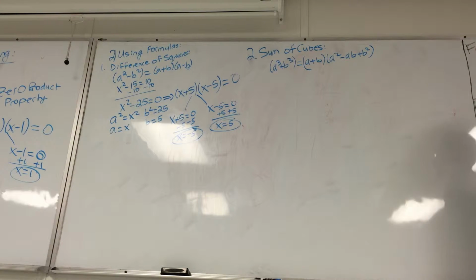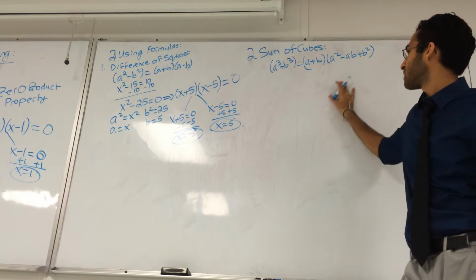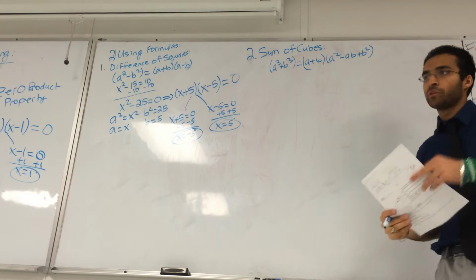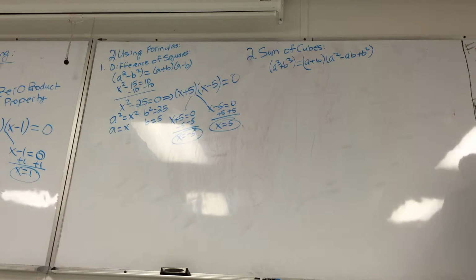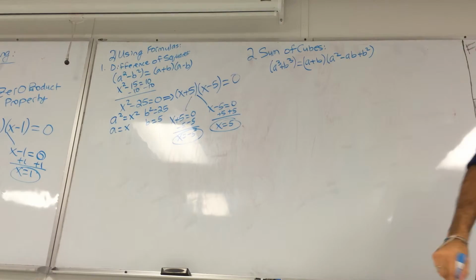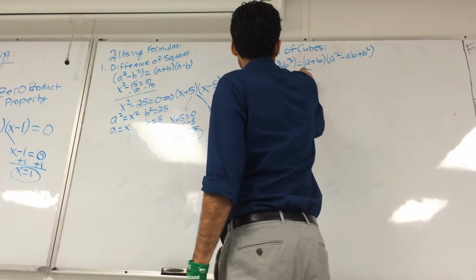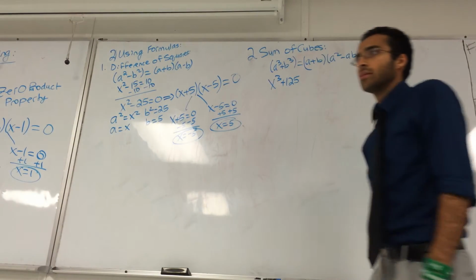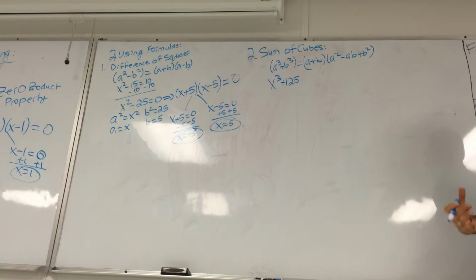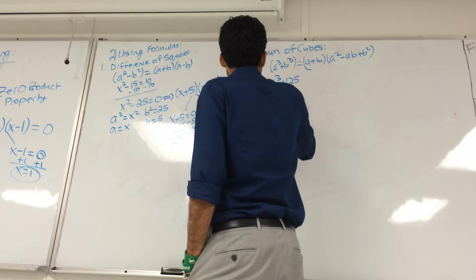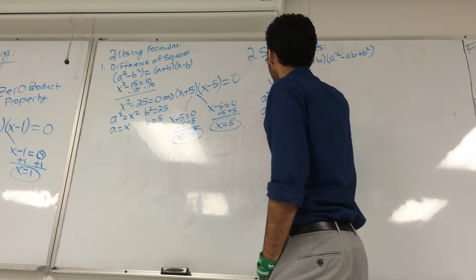Carla? One more time? Yep. A cubed plus b cubed equals a plus b times a squared minus ab plus b squared. Okay, so let's apply this now to problem number 1 on part 1, which says x cubed plus 125. Again, I would write a cubed equals x cubed, and I'd write a equals x.